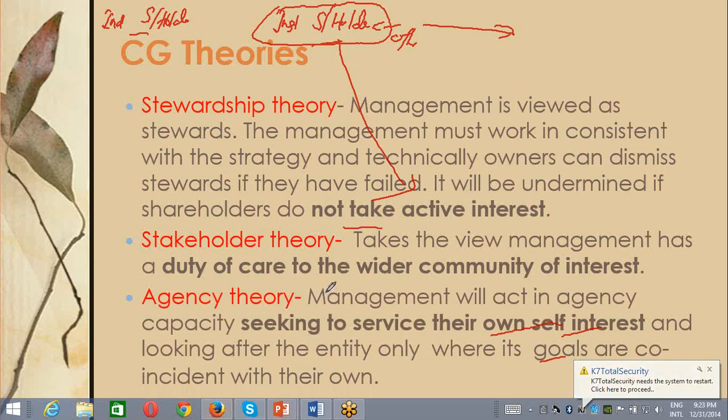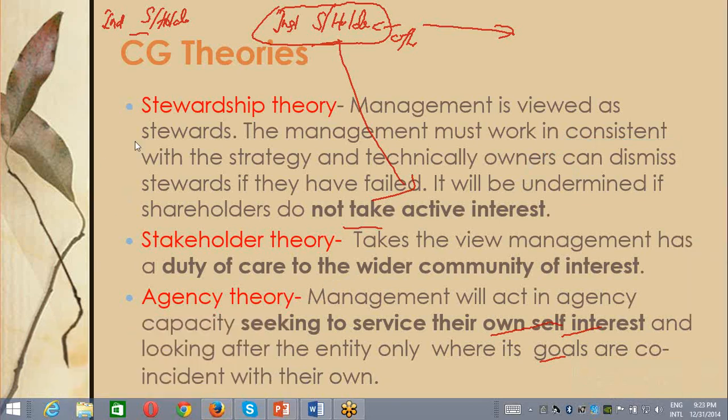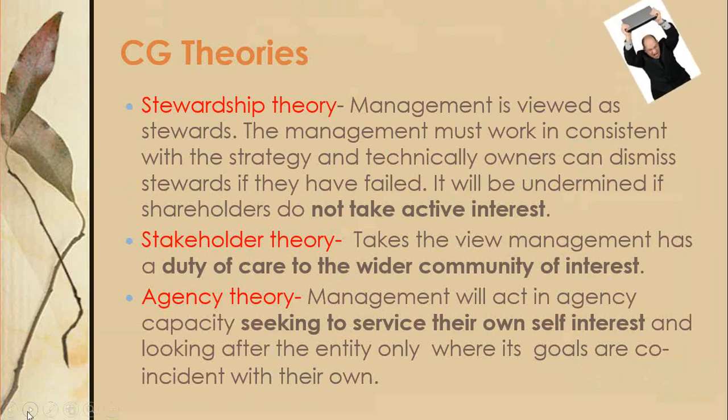These are some of the key things we need to know about corporate governance. These are some of the short questions that can come up: the corporate governance theories, ethical ones. They might put it up and you may want to answer those. The three theories.